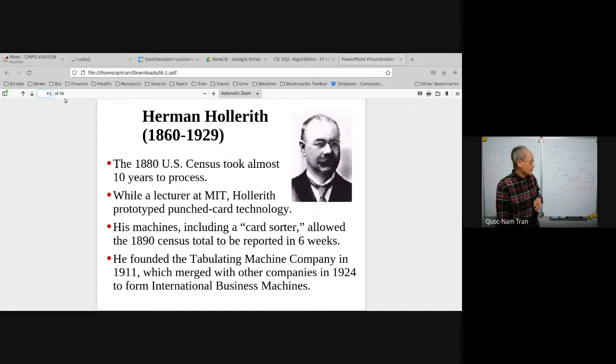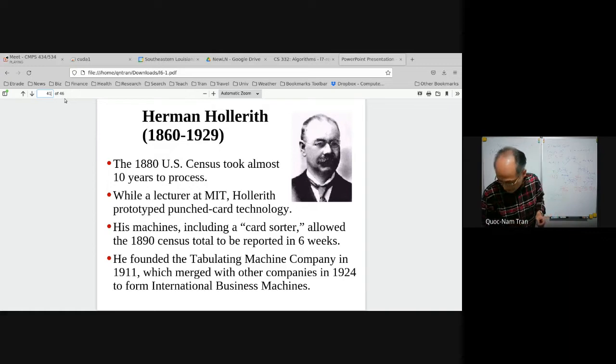So today we will learn what radix sort is and what its complexity is. How can we compare radix sort with the algorithms we have nowadays, like heap sort, merge sort, or quick sort? Which one is better?